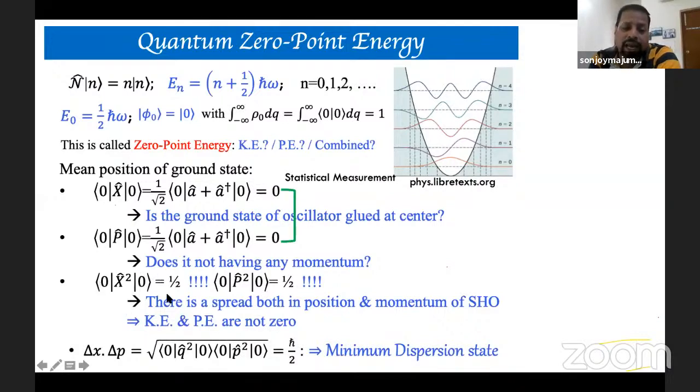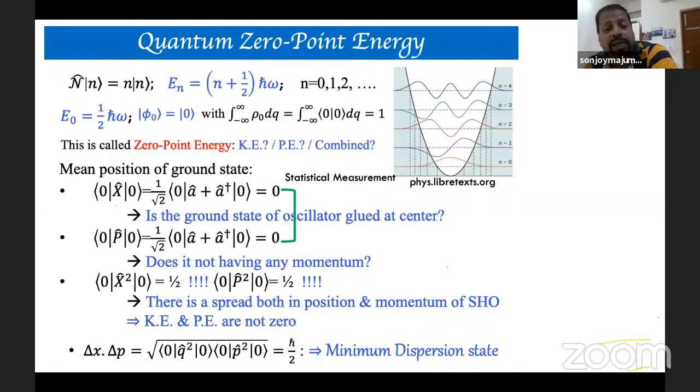Whatever the spread is, we tell it in terms of the standard deviation delta x. Delta x will be the square root of half h cross, and delta p the square root of h cross by 2. Both will be the same, and if you multiply them you get h cross by 2, which is given by the Heisenberg uncertainty relation.